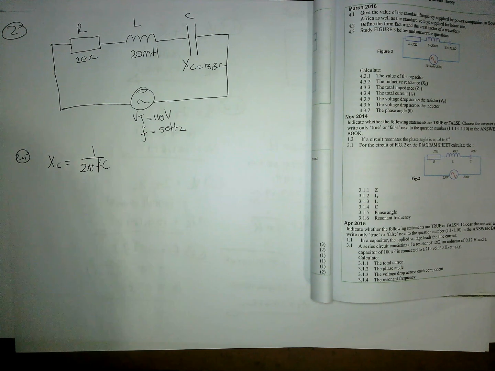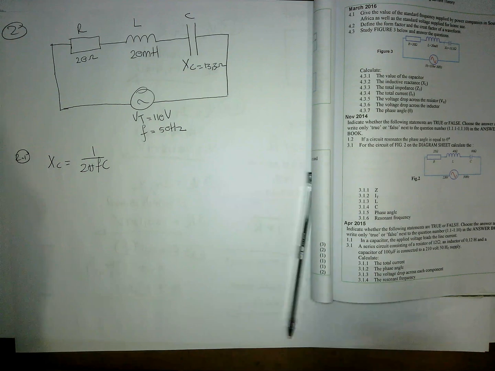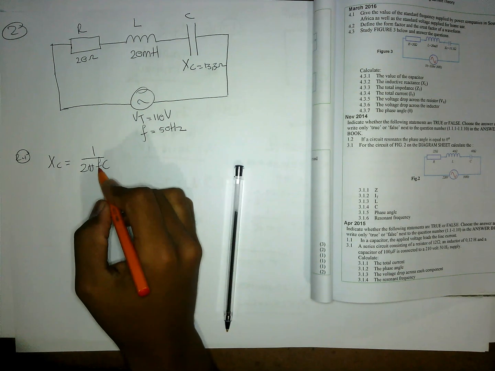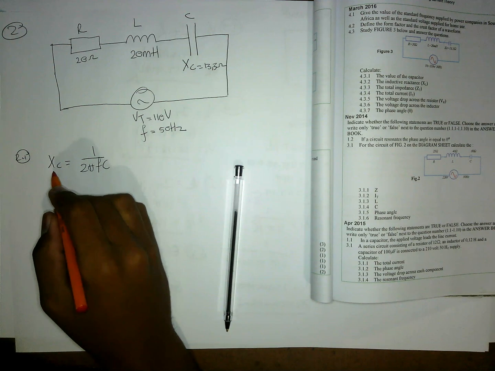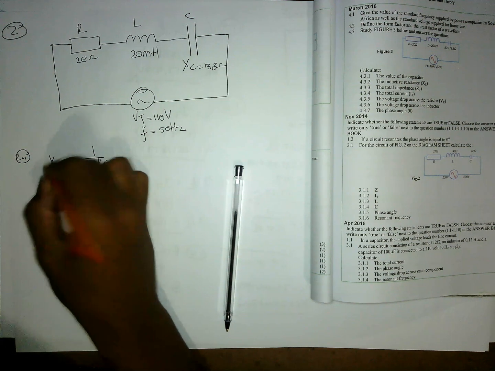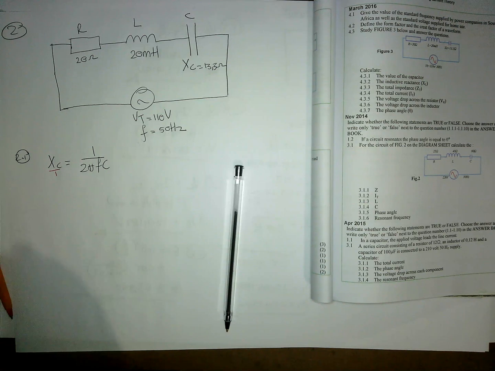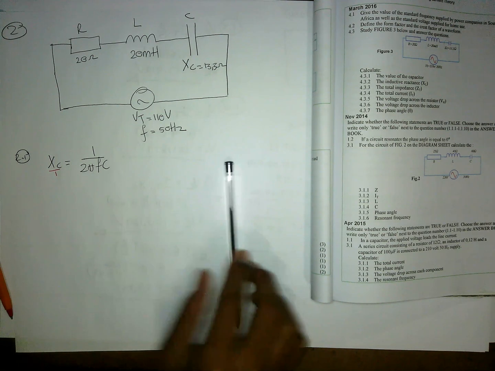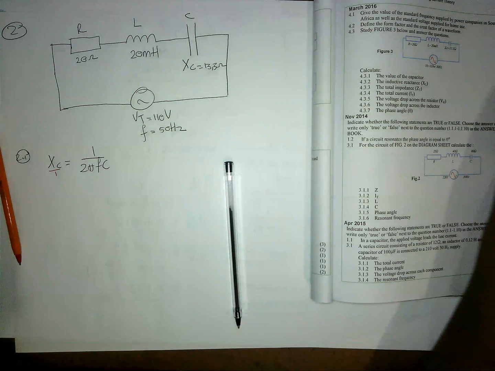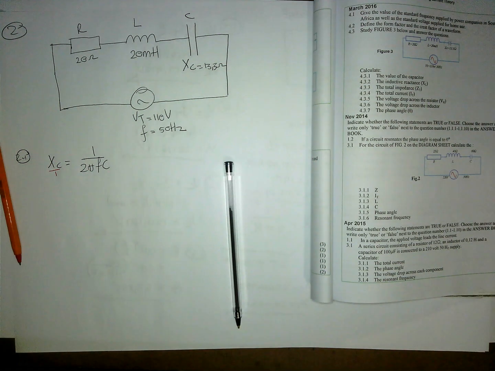What we're gonna do now is this. In mathematics, this is 1 over 2 pi Fc. But this Xc is a whole number, but technically speaking, it's over 1, right? So to get this out of the fraction, who knows what we're gonna do now?